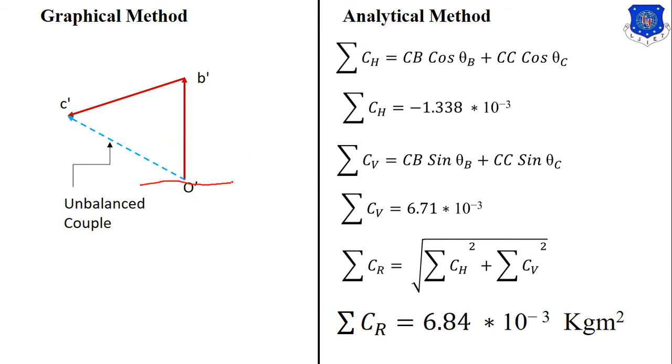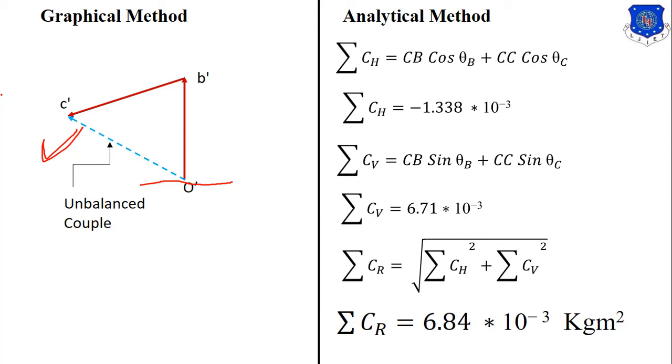So this is the O dash point, because we are taking A as a reference plane, we cannot calculate it. So draw the O dash B dash vector, whatever the value, and then the O dash C dash vector at 200 degrees according to that value. Now here we are getting the unbalanced couple in this direction, so this is the unbalanced couple value.